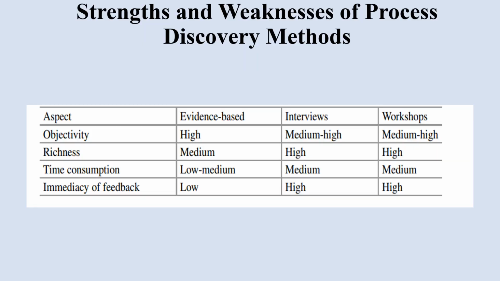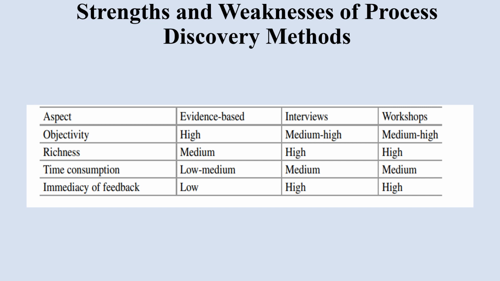Let's study the strengths and weaknesses of process discovery methods. The different aspects are objectivity, richness, time consumption, and immediacy of feedback. For evidence-based discovery, the objectivity is high, while for interviews and workshops, it is medium high.